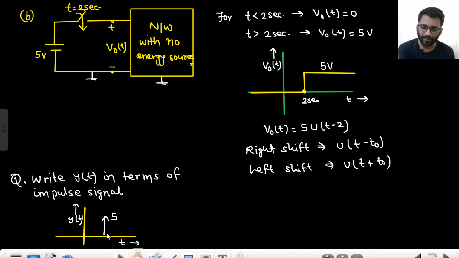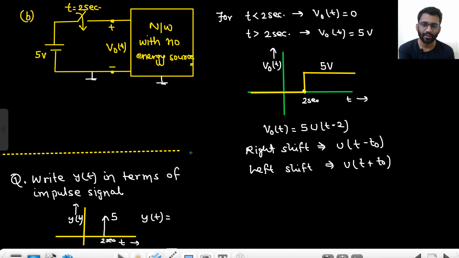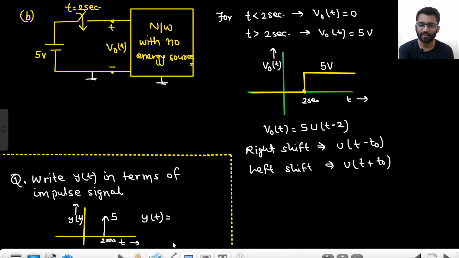It is 5, and this is t equals 2 seconds. What is your y(t)? Tell me. This is just a backup question. Not a main question, just a backup question. Tell me, what is y(t)?